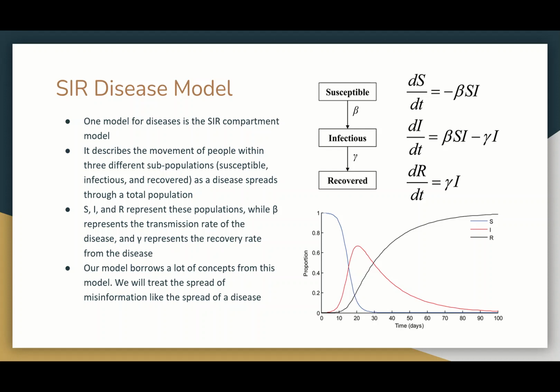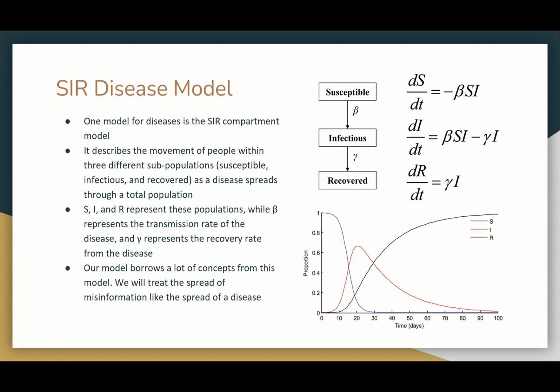Likewise, that group comes into the infectious group in the dI/dt equation, and you have a certain population leaving, where gamma represents the recovery rate of infectious people. In the recovered group, the dR/dt equation, the flux inward of recovered people is described by that same value of gamma times I.